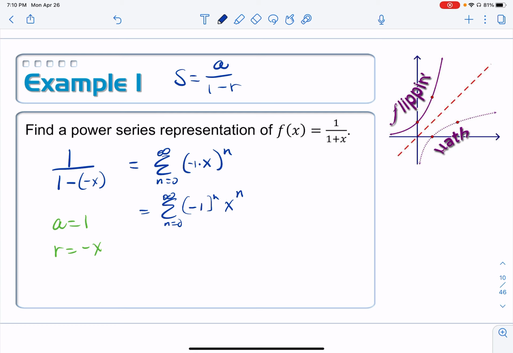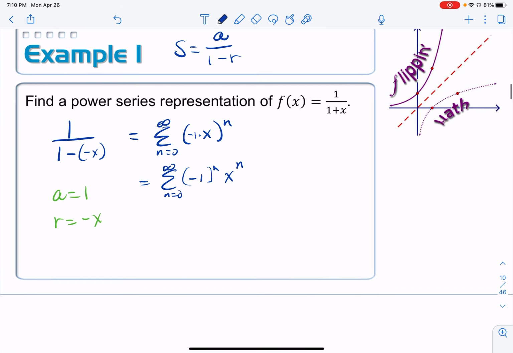So let's say, for example, we wanted to expand out this series as a power series, this infinitely long polynomial. What would happen if we stuck in 0 here? If I stick in 0, this goes to 1, and that also goes to 1, so it's 1. But we knew that already because our first term is equal to 1. If I were to stick in 1, that'll be negative 1 to the first power, so it's going to be negative, and then x to the first power.